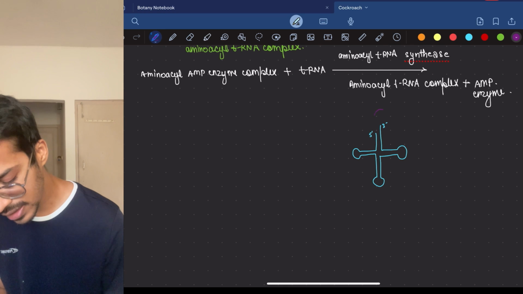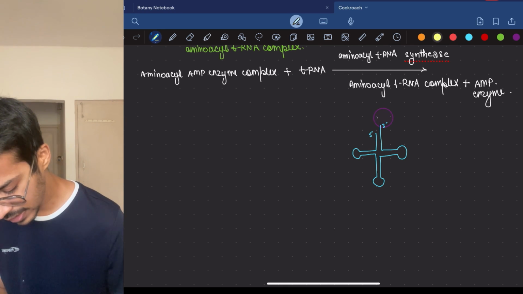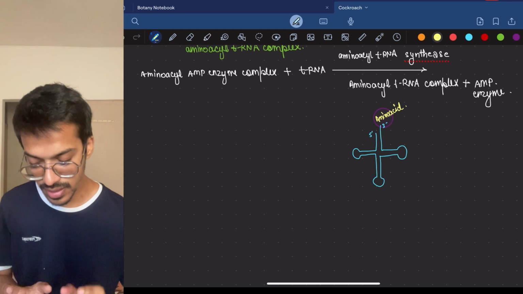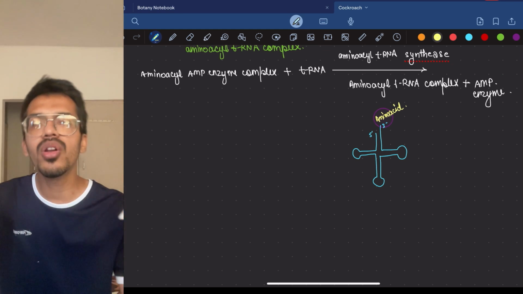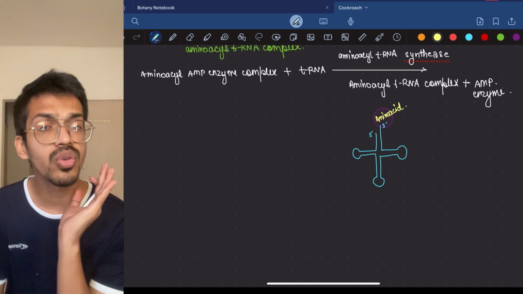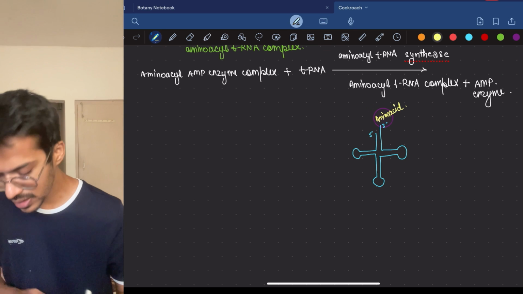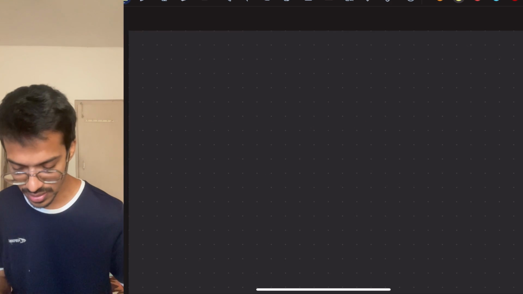So on this 3' end over here, what would be present? There will be the presence of your amino acid. So this is how it will look. Multiple of them will be made according to the codons. What does that mean? Let's just see that. After this, the real translation process starts.